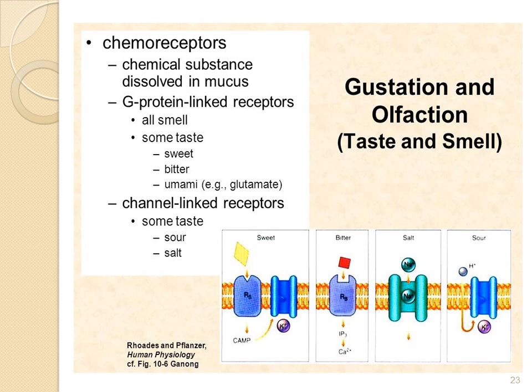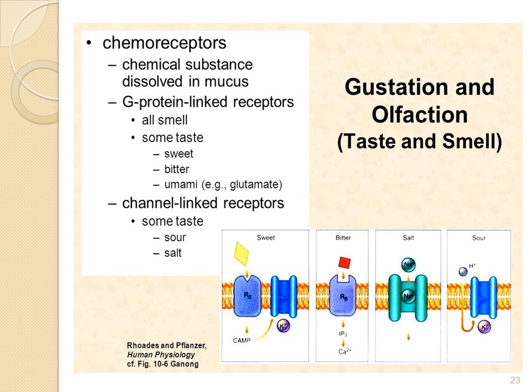Which tastes use G protein linked receptors? Sweet, bitter, and umami. Other tastes like sour or salty use channel linked receptors.